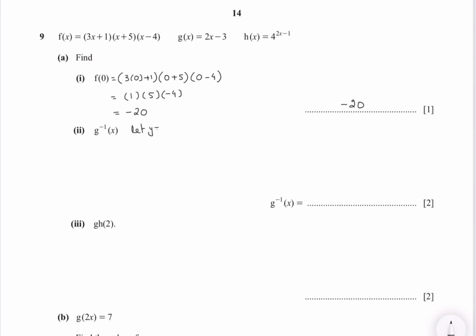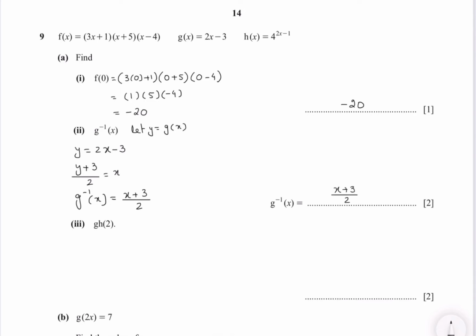So g inverse of x, so let y equal g of x. Now write this equation with y. Y equals 2x minus 3. Now make x the subject. So now g inverse of x would be, replace y by x, x plus 3 over 2. So this is your answer.